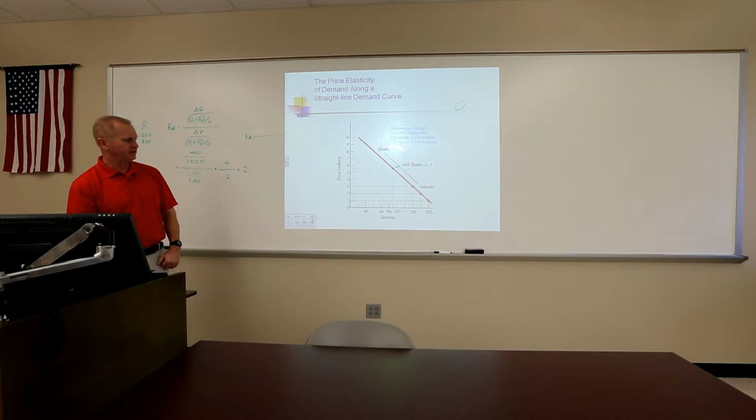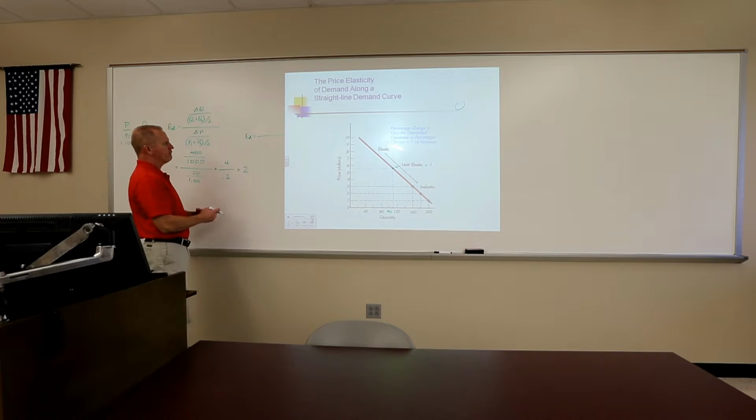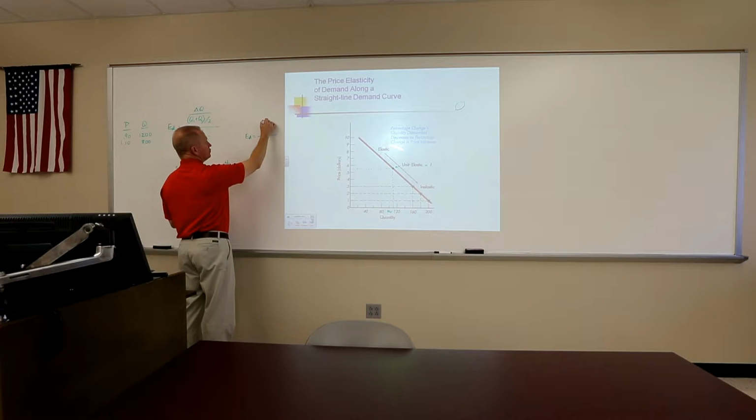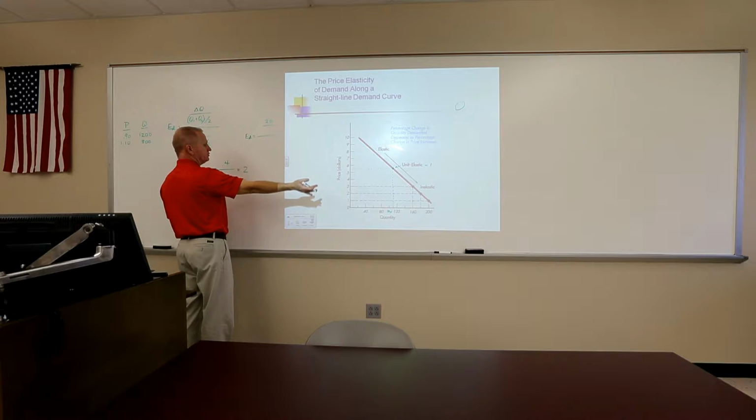That should be 100 there. So between 100 and 120, the average change there is 20 divided by the average of the 2, would be 110. And then between the 5 and the 6, the price there, the average is 5.5.